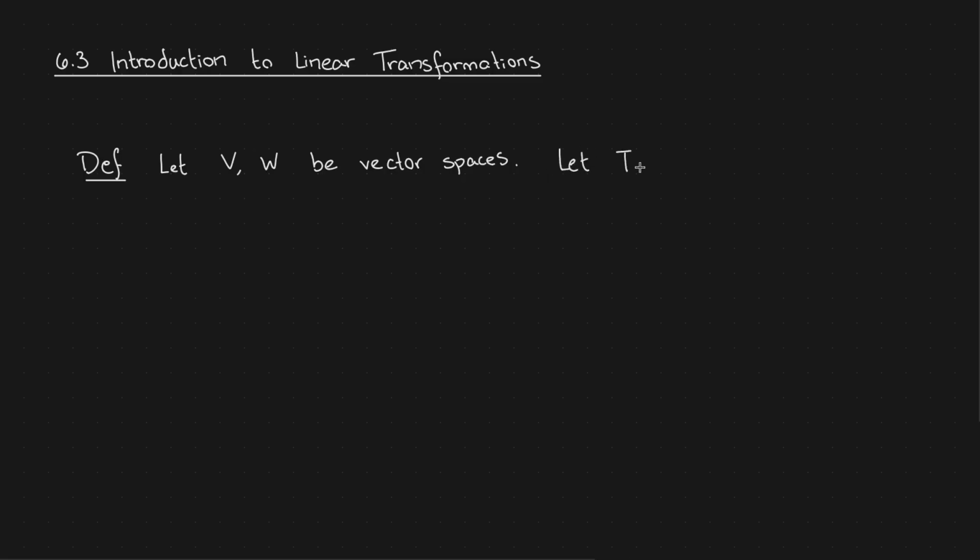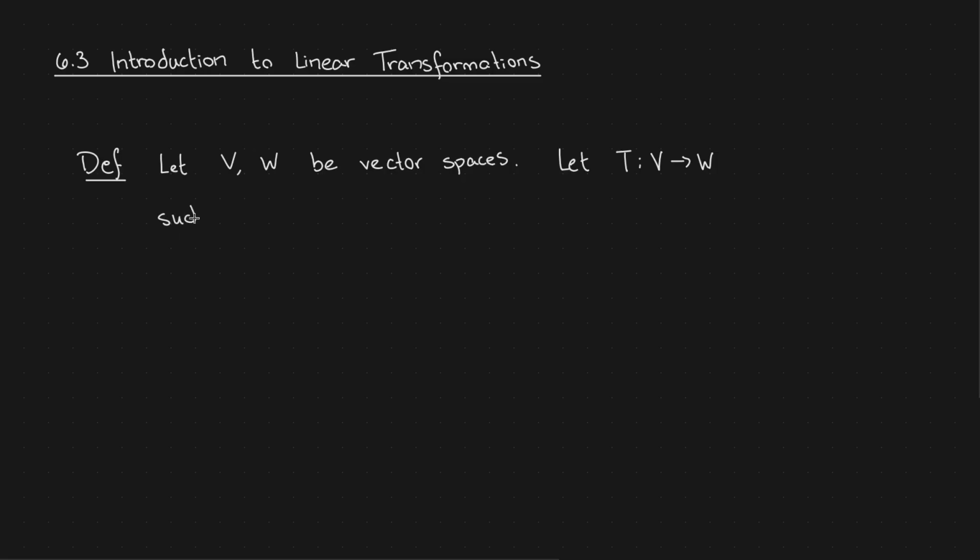Let T be a function from V to W. We call a function that maps from one vector space to another vector space a transformation.